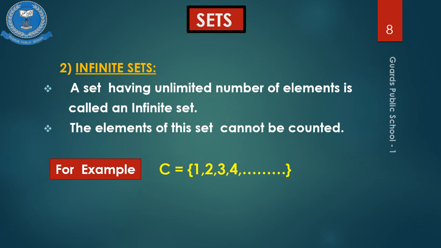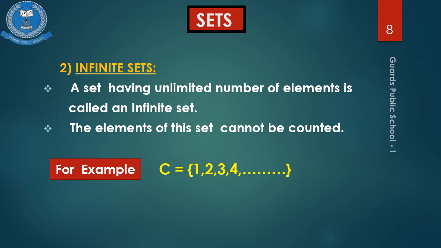So we will write like this: capital C, that is your notation, is equal to curly bracket open 1, comma 2, comma 3, comma 4, comma, then we will put dots and then curly bracket close. These dots represent that the set is infinite and the elements are uncountable.